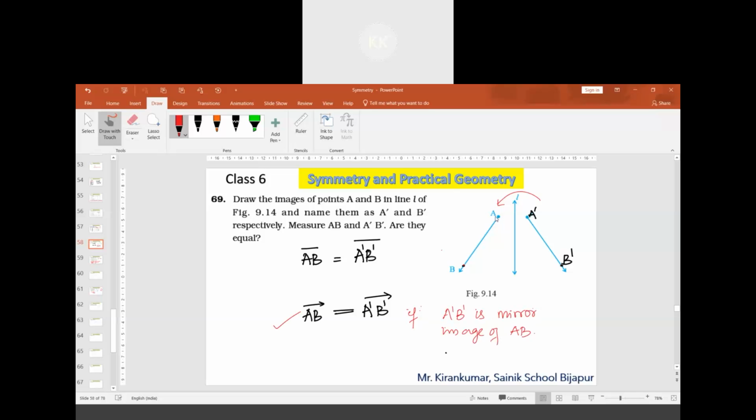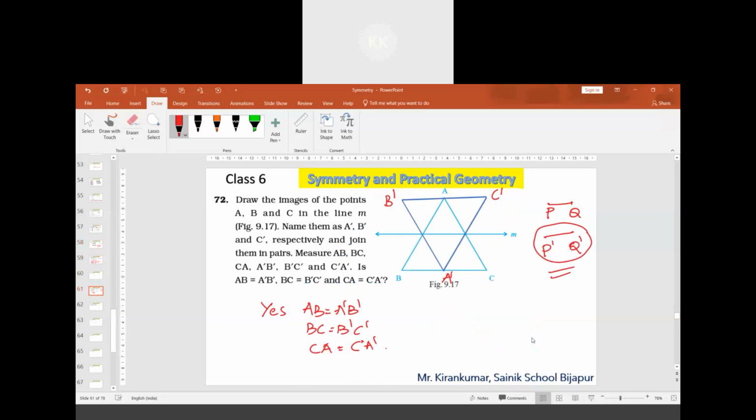If you are taking this and this as mirror images, then their length will be the same. If a person is 6 feet tall, his image also will be 6 feet tall. That makes sense. If you are simply drawing the line, they will not be the same. If you are considering it as a mirror, then they are the same. Now the answer is okay. So we need to mention this. Then the answer will be correct.